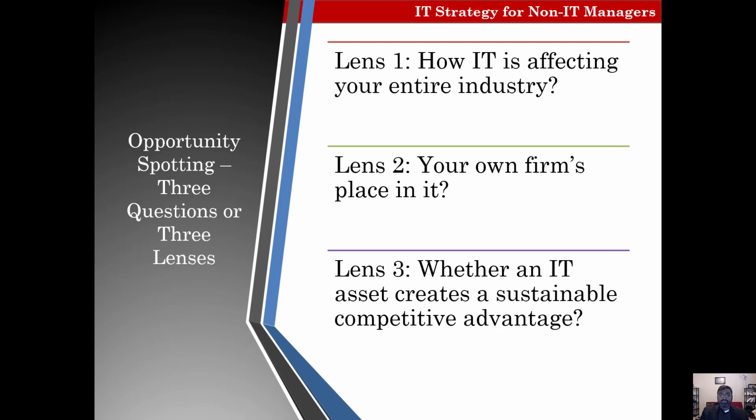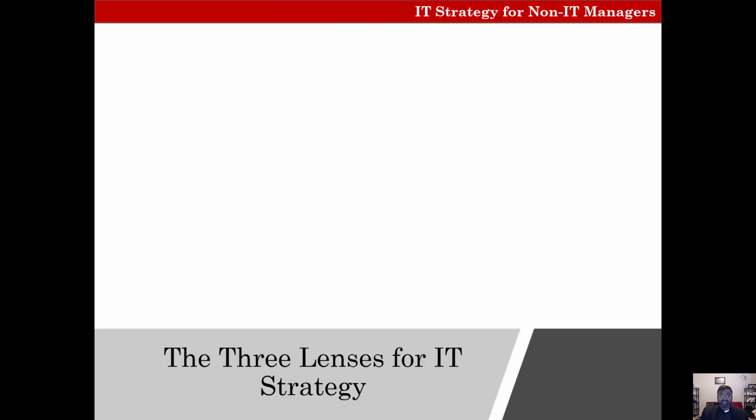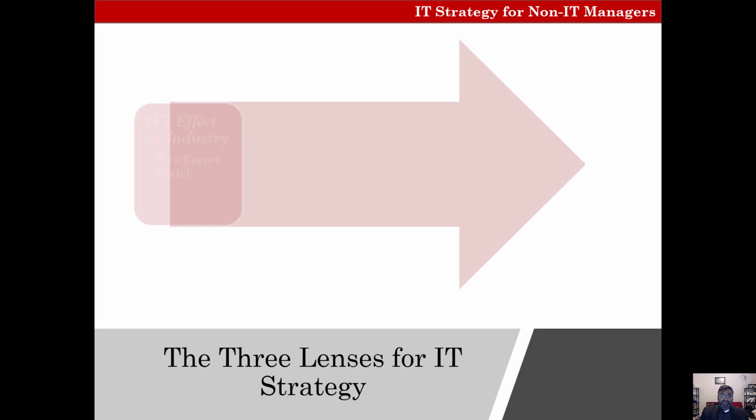Now let's look at this in combination. The first lens is the effect of IT on industry, and we use something called the 5 forces model, which we can think of as a telescope. It zooms out to the level of your industry.